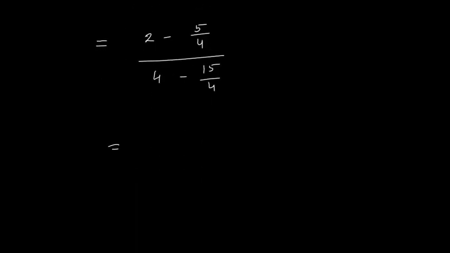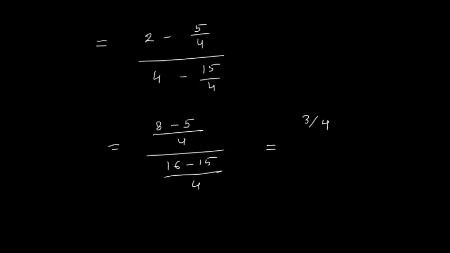So numerator will become 4 to the 8, 8 minus 5 divided by 4, whole divided by 4 times 4 is 16 minus 15 divided by 4. So 8 minus 5 is what? 3. 3 divided by 4, whole divided by 16 minus 15 is what? 1. 1 divided by 4.